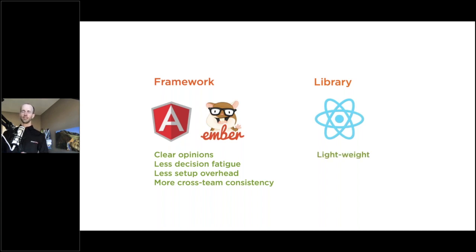Now on the library side, since React's a library, it's lighter weight, and you can also mix it into existing apps. The reason that React is designed this way is because Facebook wanted to be able to slowly pivot existing technologies that were server rendered over to doing client rendered with React, and I find many of my clients do just that. You also get to pick what you need.